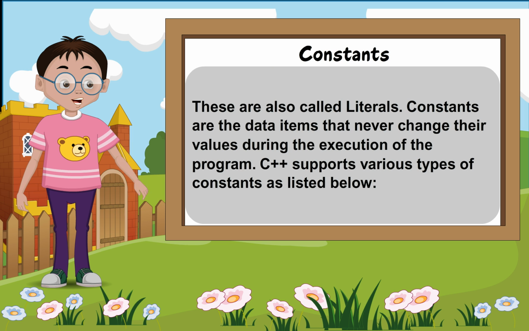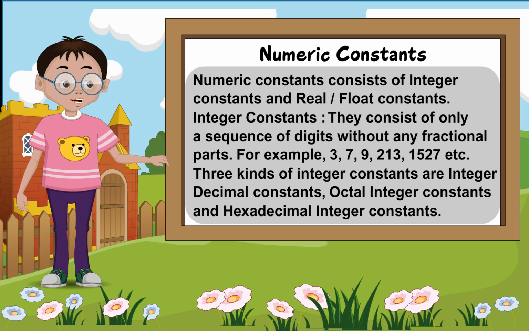Constants. These are also called literals. Constants are the data items that never change their values during execution of a program. C++ supports various types of constants as listed below. Numeric constants. Numeric constants consist of integer constants and real or floating constants. Integer constants.